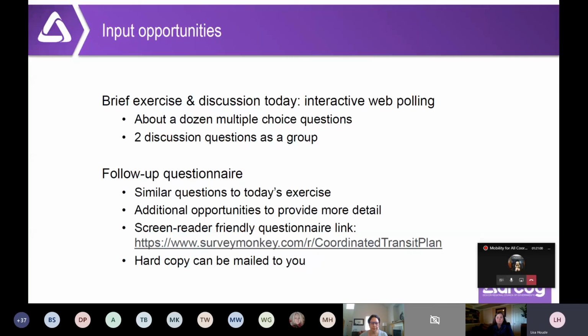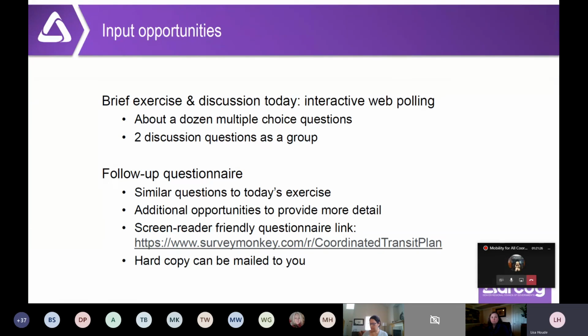If you're not able to participate today, and I know there are a few people on the phone, there will be a follow-up questionnaire. We actually sent it out to a couple hundred people last week, so you might have been on one of our mailing lists and already received it. The questionnaire has really similar questions to what we'll be doing in the exercise today, and there are a couple of opportunities within it to provide more detail.